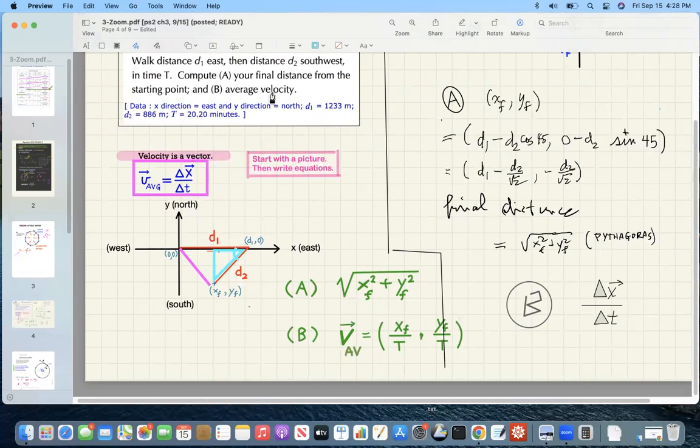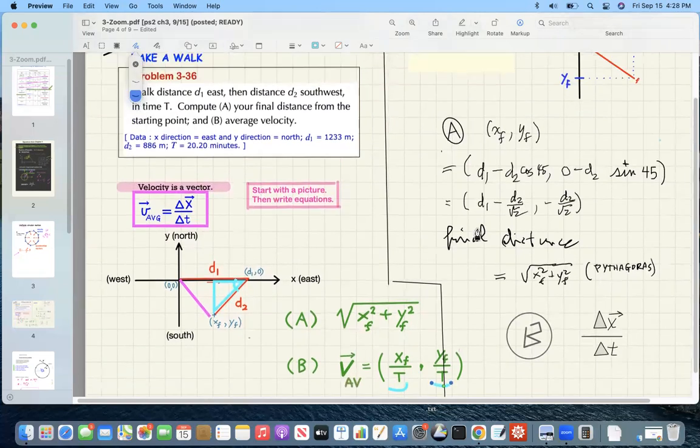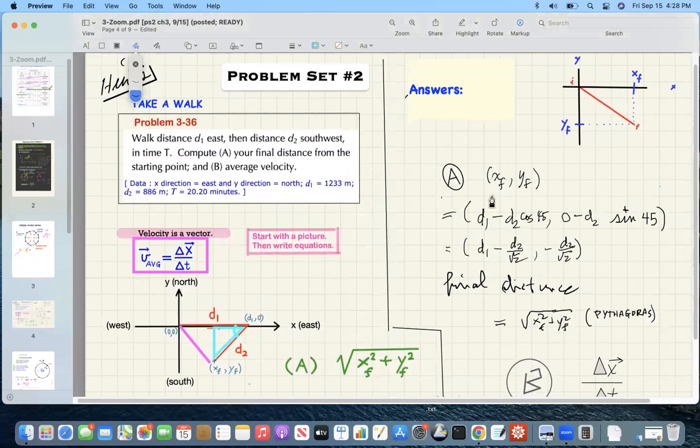The answer to part B has two parts. There's xf over t and yf over t. But the trigonometry comes in figuring out xf and yf.